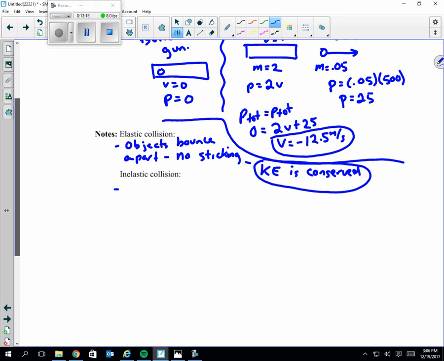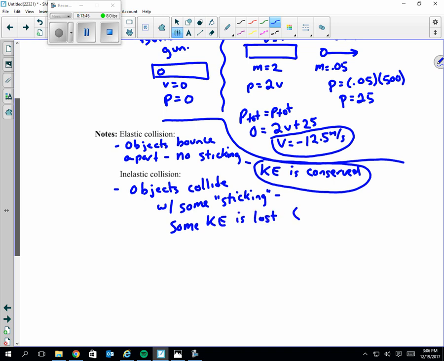In an inelastic collision, there is some sticking. Objects go out with some sticking. Some kinetic energy is lost. It's turned into internal energy or heat.